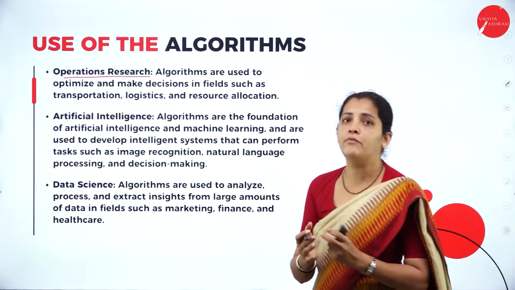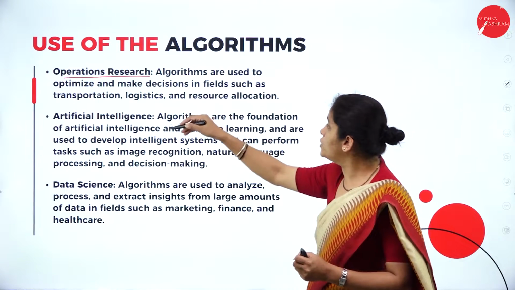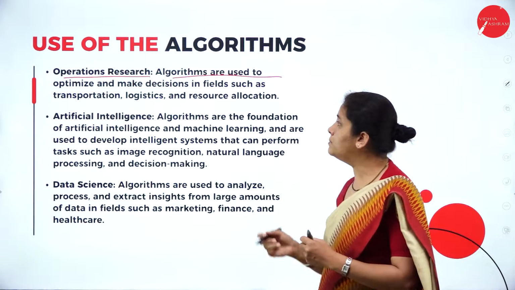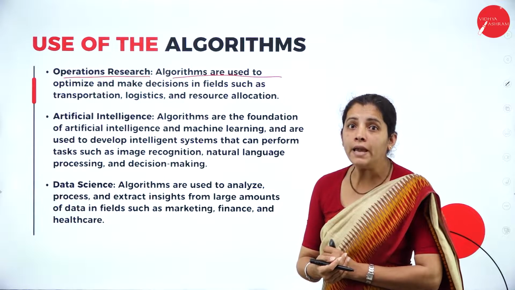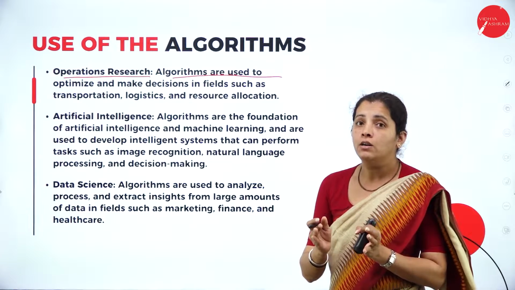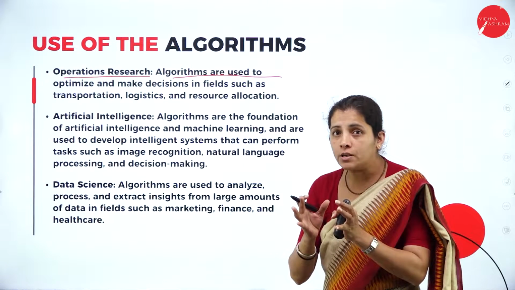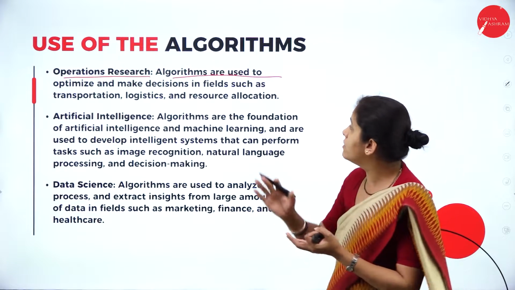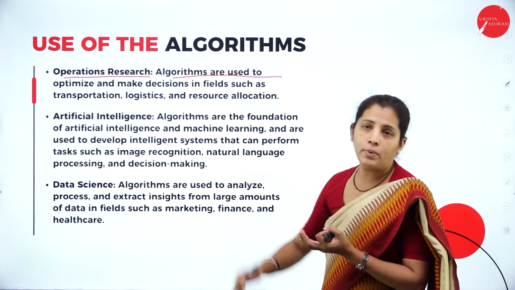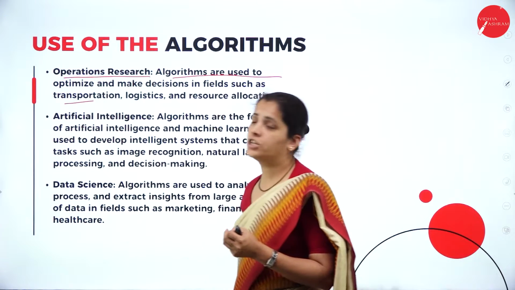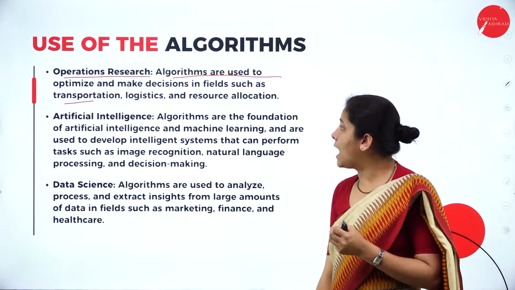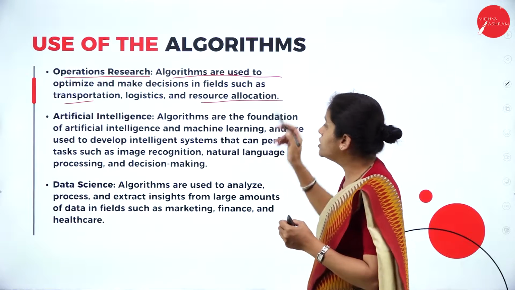This is also one field. Here also we use algorithms to find the optimum and to make decisions. To take any approximate or exact decision, we use operations research. In that, the fields are transportation problems, or we can have the resource allocation problem.